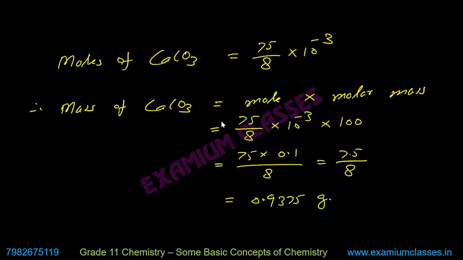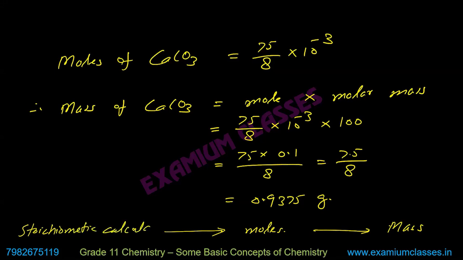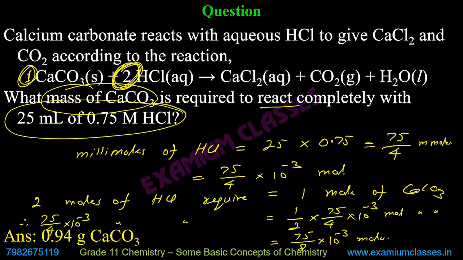So the approach is: you required mass. Mass you calculated from moles, and moles you got from the stoichiometric calculation. Before that, you got the concept of how many moles of HCl were there.